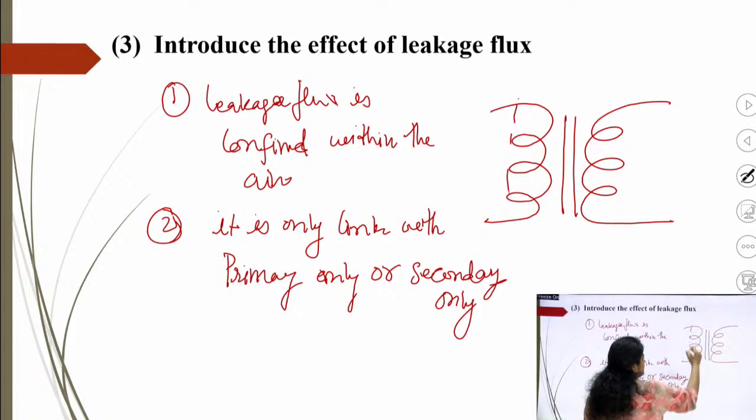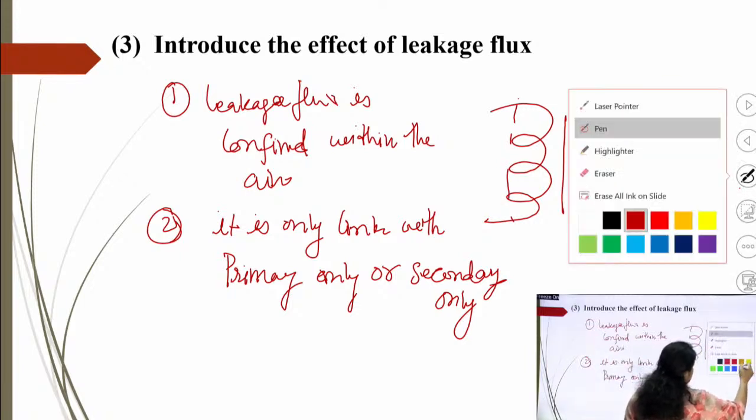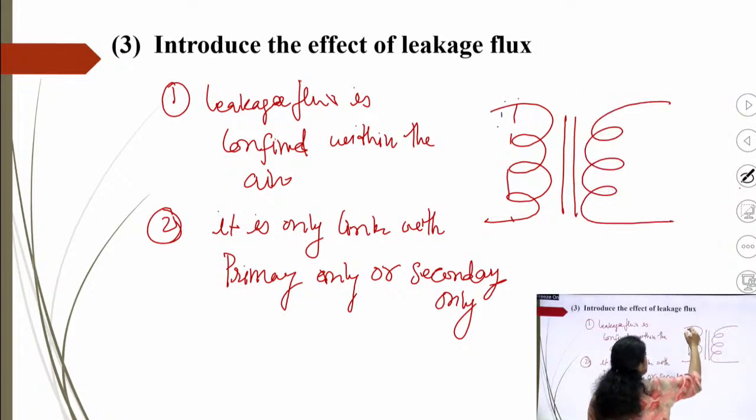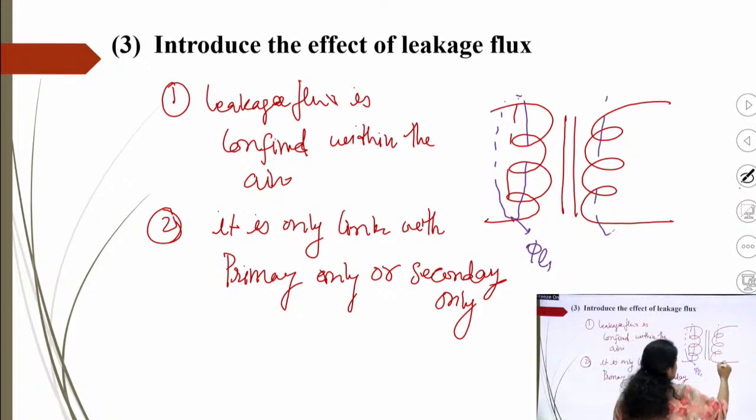So, this is suppose termed phi L1, this is leakage flux. In the secondary side, it is considered as suppose phi L2.